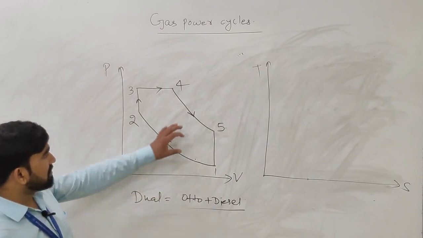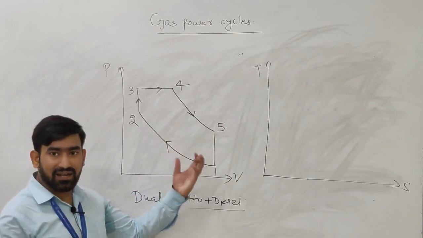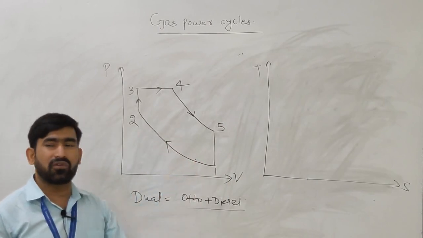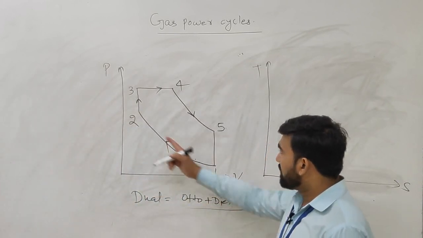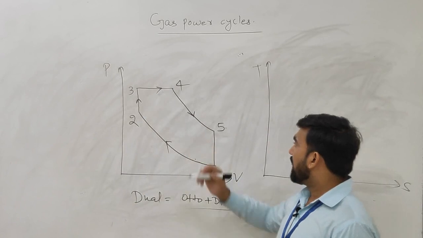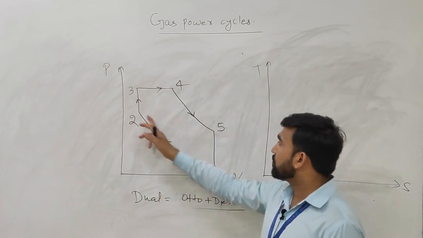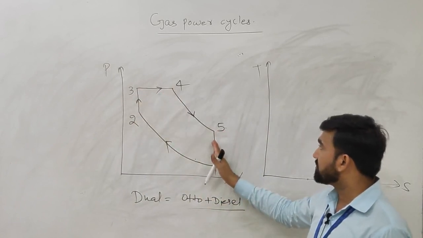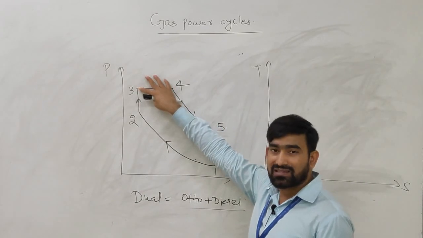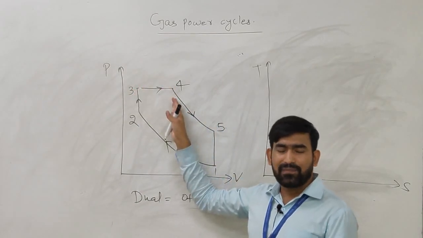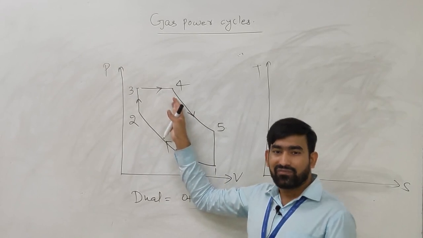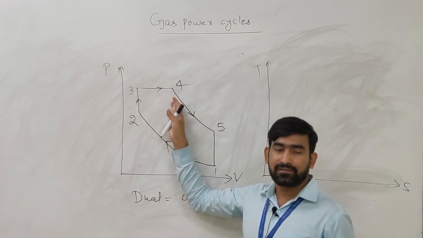We will analyze this diagram to see how it is a combined form of the Otto cycle and diesel cycle. If you exclude the constant pressure line 3 to 4, we will reach a point where this looks like an Otto cycle.